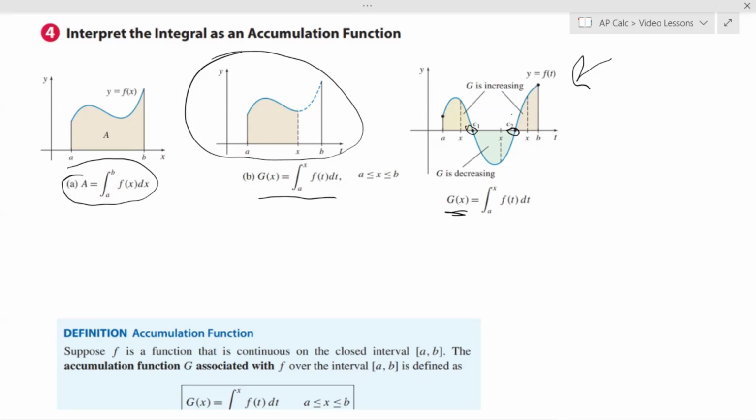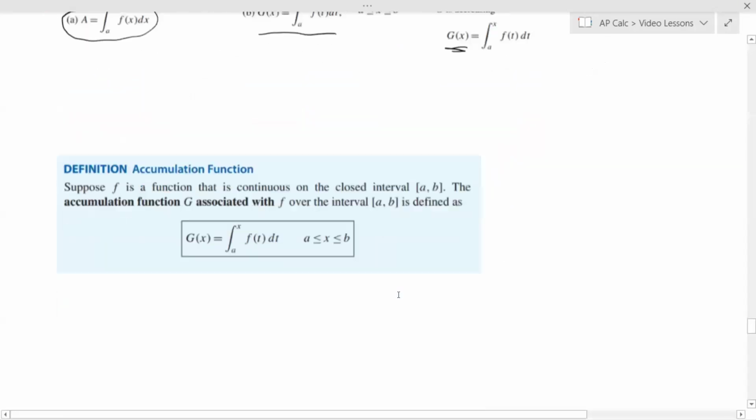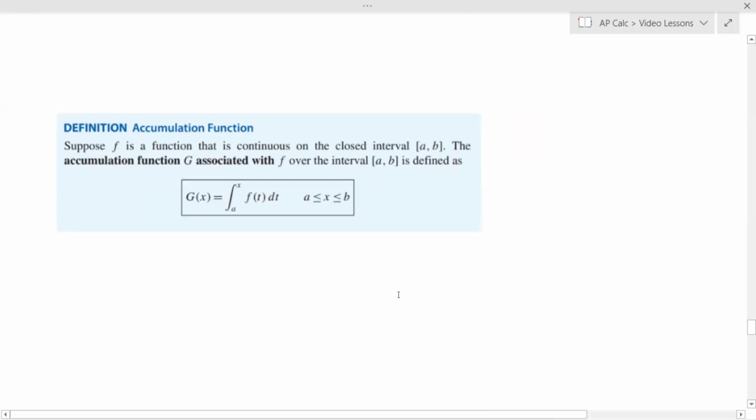And then at c2 to the end, the accumulation function g would begin to increase again. And so the net accumulation from a to b can end up being a positive number, a negative number, or even zero.